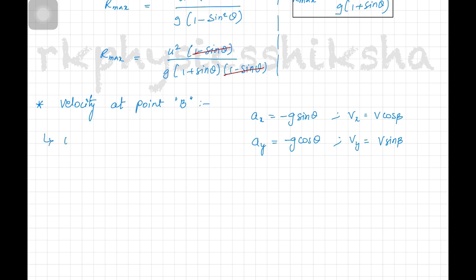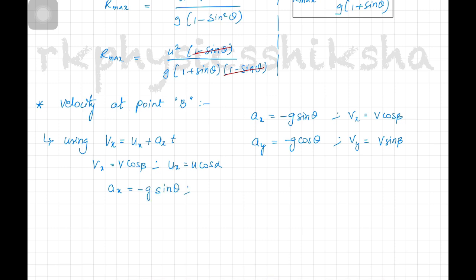So for the x component of velocity, using Vx is equal to ux plus ax into t. Here, Vx is equal to v cos beta, ux is equal to u cos alpha, and ax is equal to minus g sin theta.